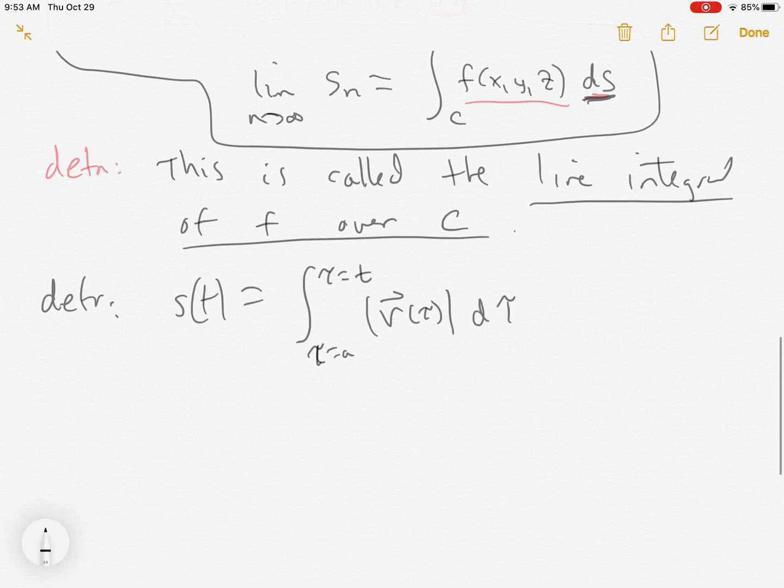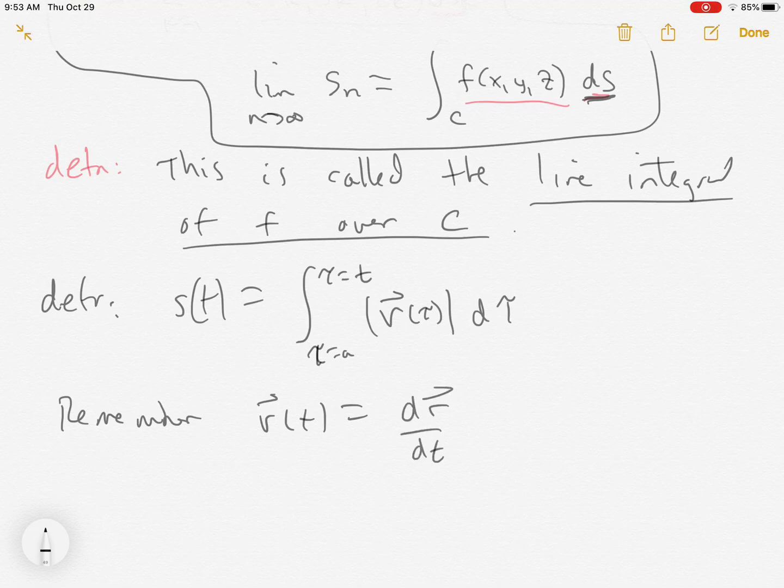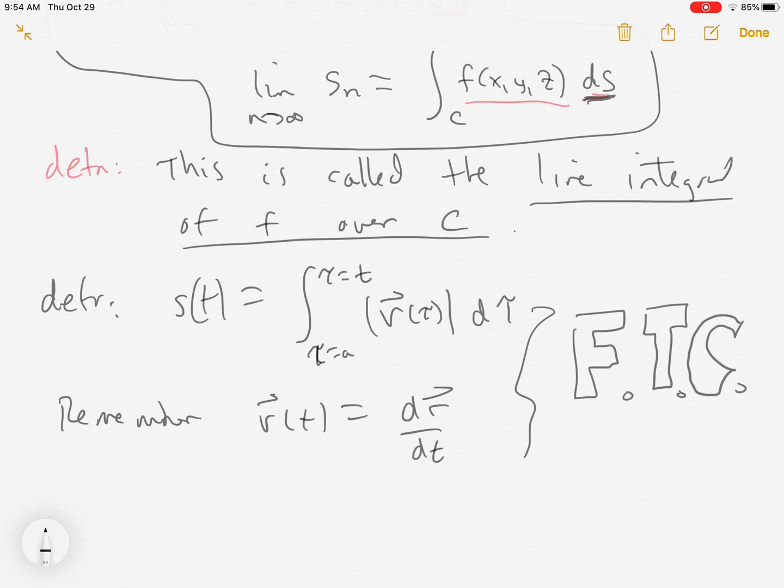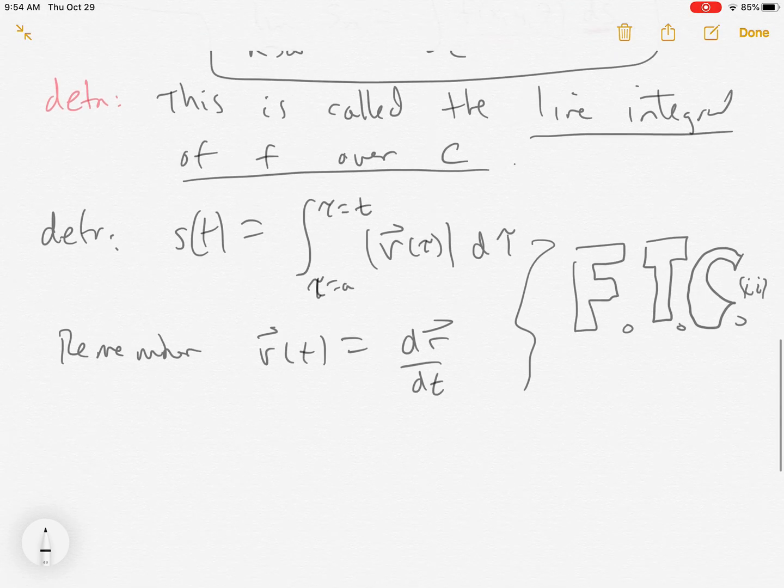So to remember, v of t is dr/dt, okay? And so if you look at these two together and you use the FTC part 2, what you get is that ds/dt is the norm of v.